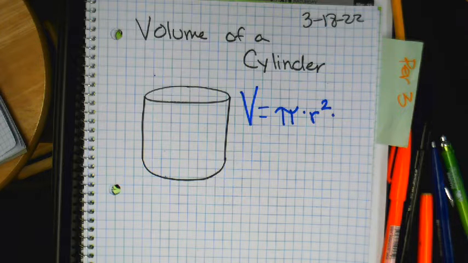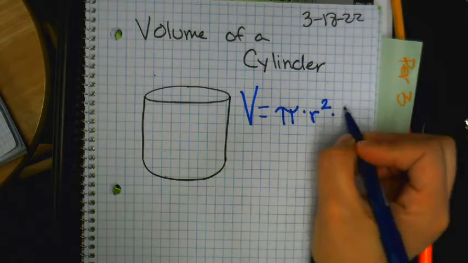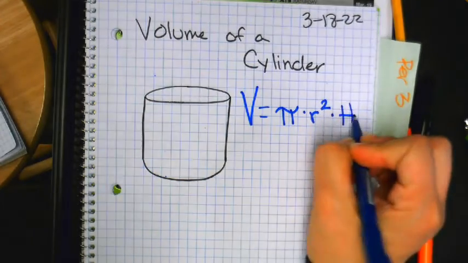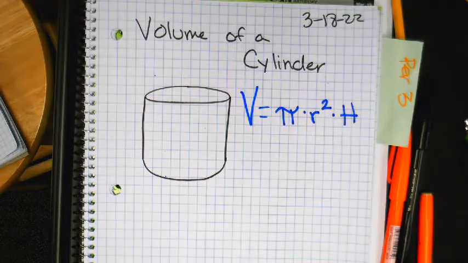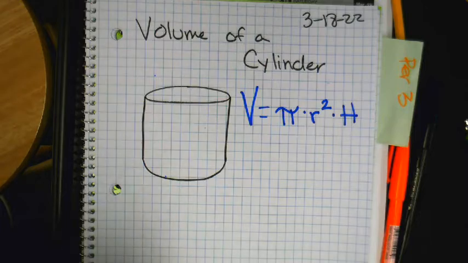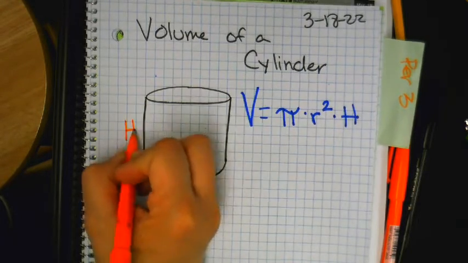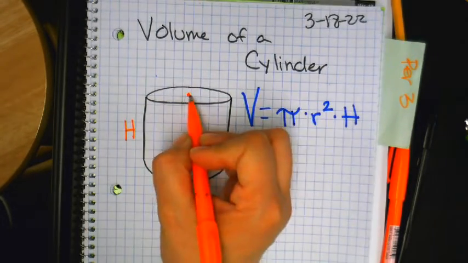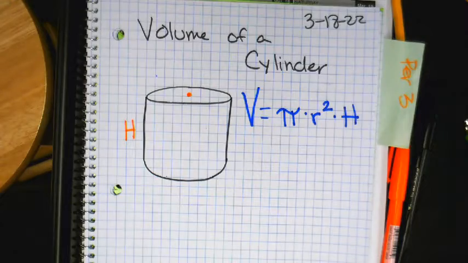So you're going to use this for the cylinder, and you're going to then multiply by the height. So volume is equal to pi r squared times your height. So your cylinder, this part is your height, and your radius, is that the long line or the short line?